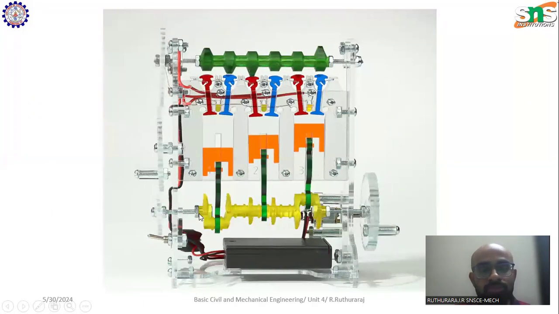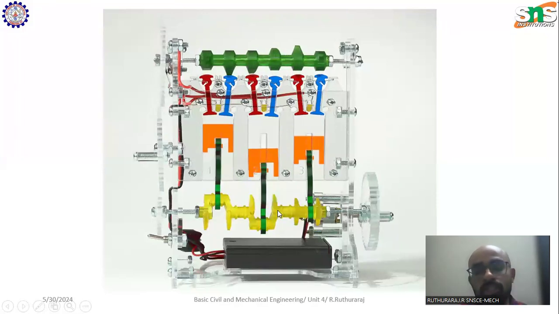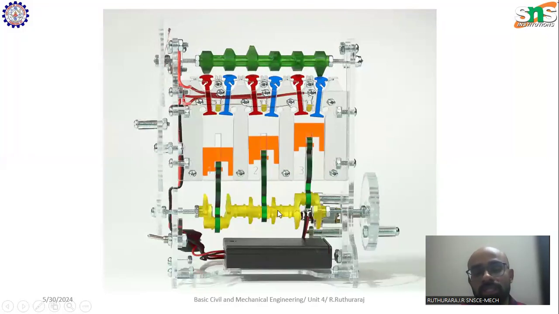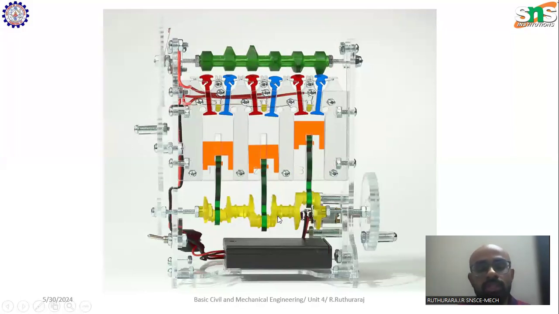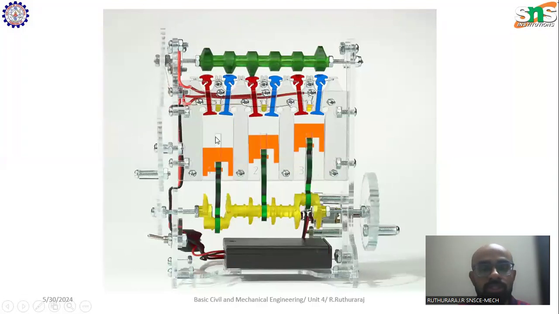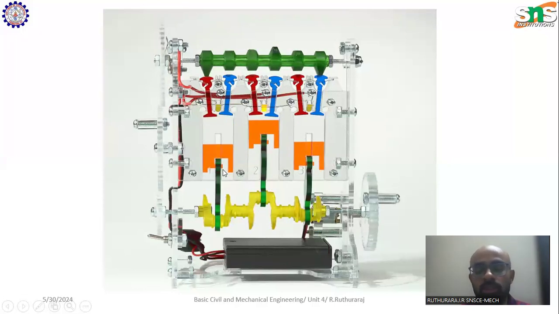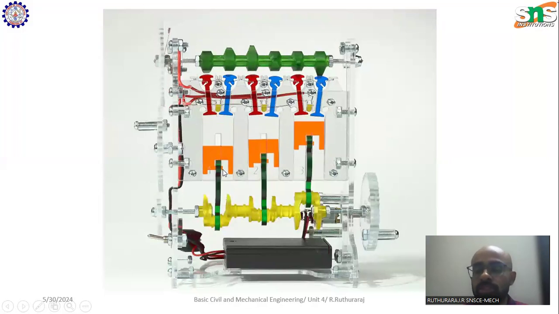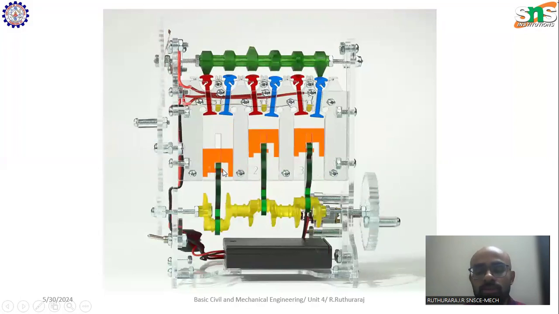This yellow, golden shaft is called the crankshaft. It drives the other parts. The piston and the crankshaft are connected through a connecting rod. So these two parts are connected with the help of a connecting rod.